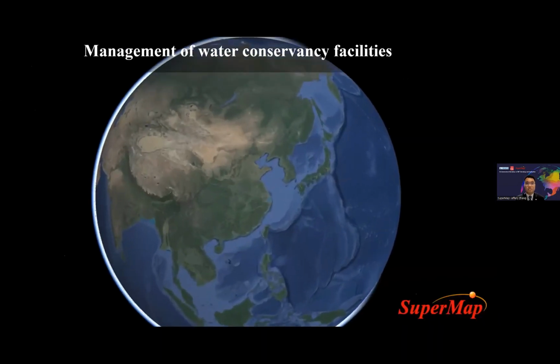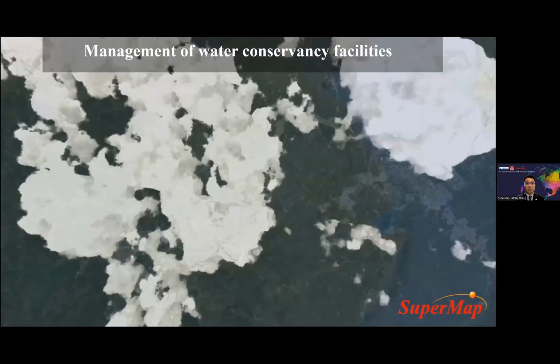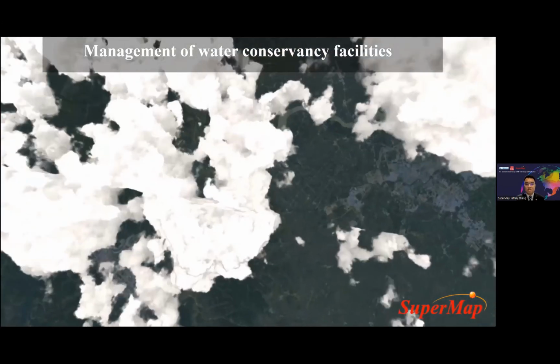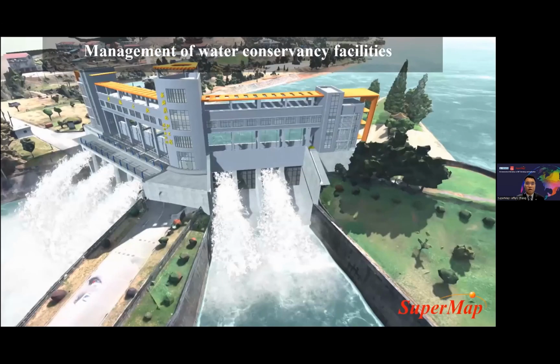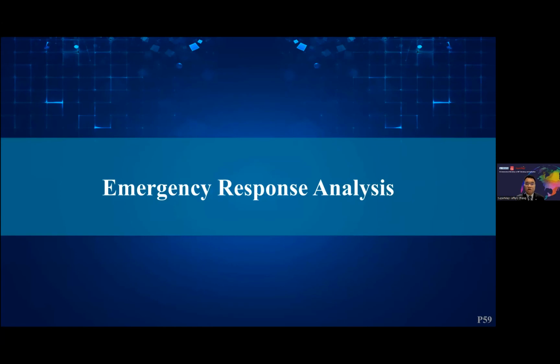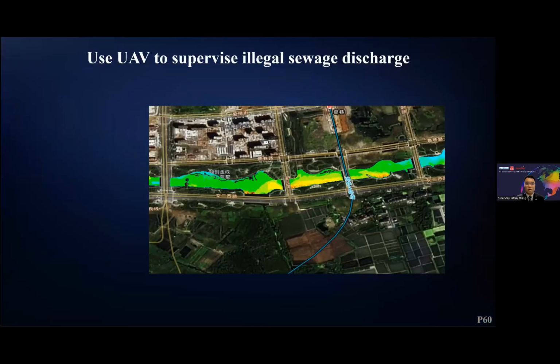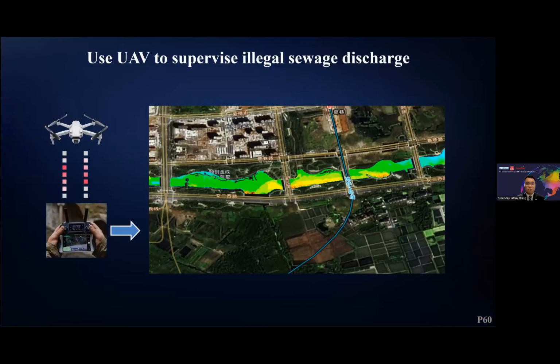And this is an effect to do the water conservancy facilities management. And for other emergency response analysis, here it can also use some drones to monitor the illegal sewage discharge of the river or the water surface.